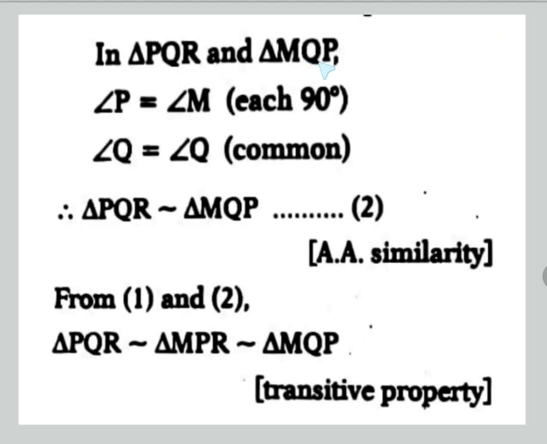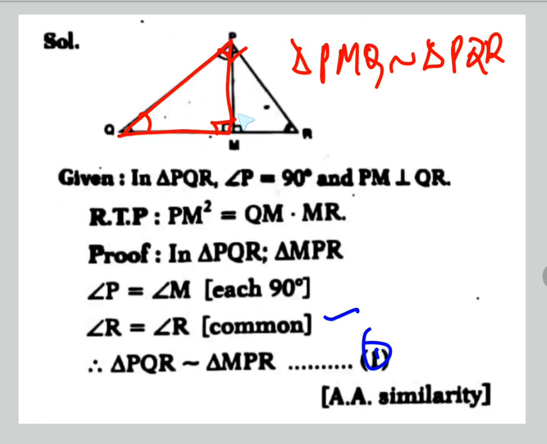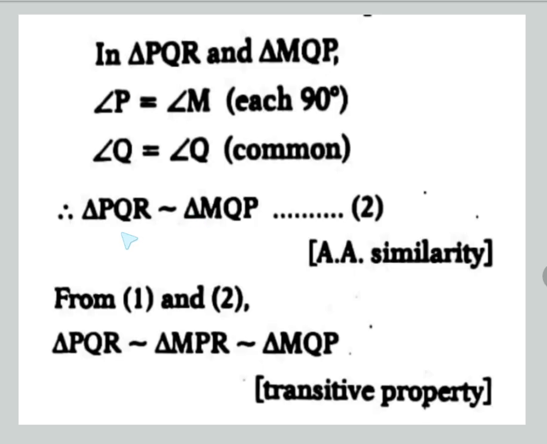From PQR and MPQ, angle P and angle M are 90 degrees, and angle Q is common to triangles PQR and PMQ. So the PQR and MQP triangles are also similar.